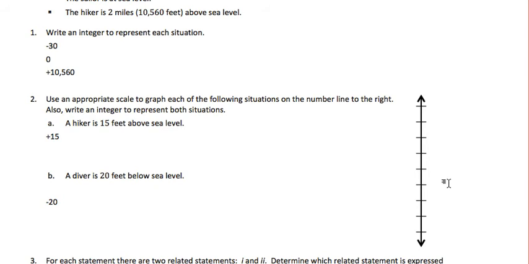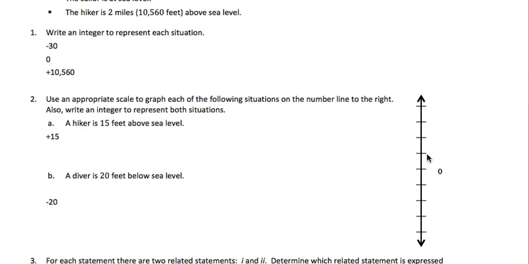So looking at our number line, we have 1, 2, 3, 4, 5, 6, 7, 8, 9 equal intervals on our number line. 0 needs to be somewhere in the middle, allowing for us to have 15 going up and 20 going down. So if we locate 0 approximately here, we can then look at the intervals.